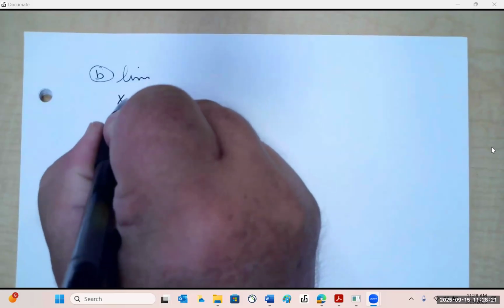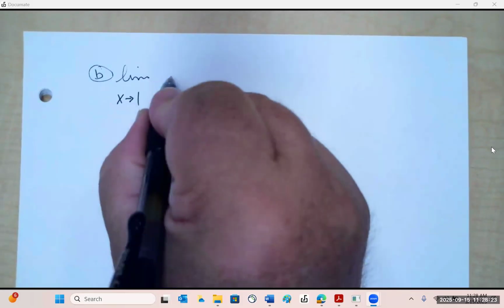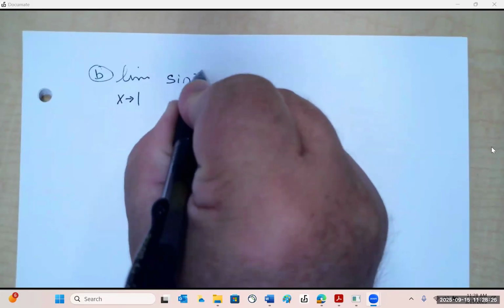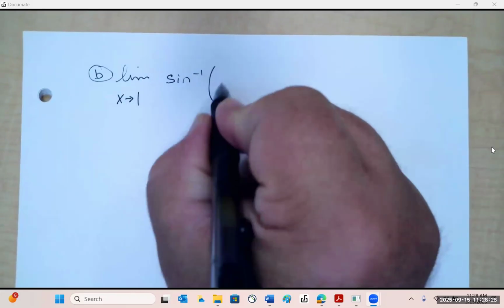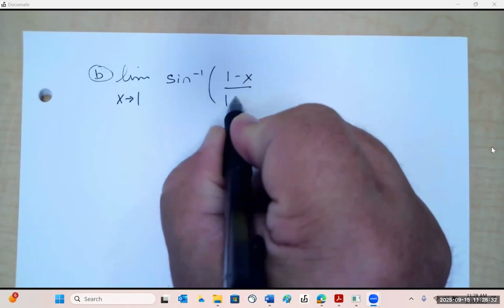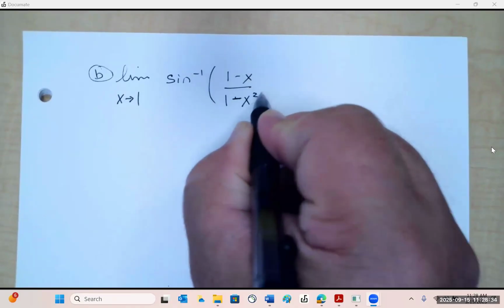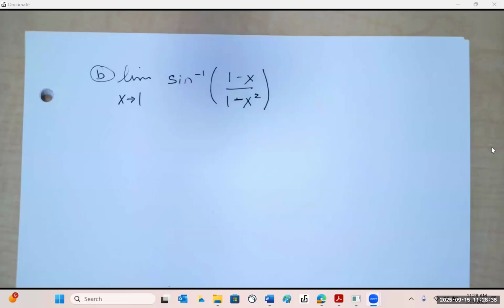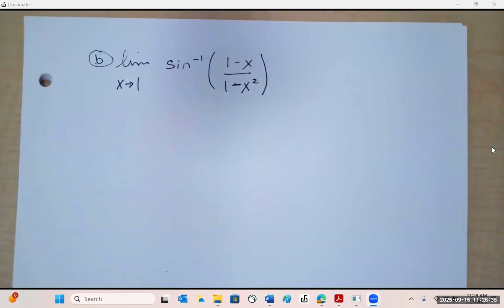The limit as x approaches 1 of the inverse sine of (1 minus x) over (1 minus x squared). Go and try to figure this one out.